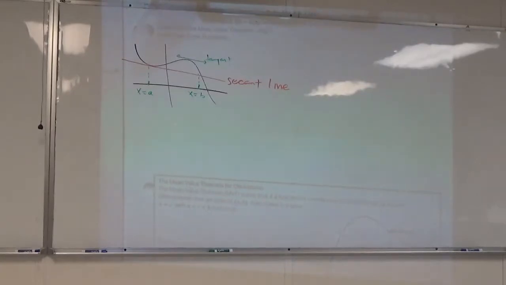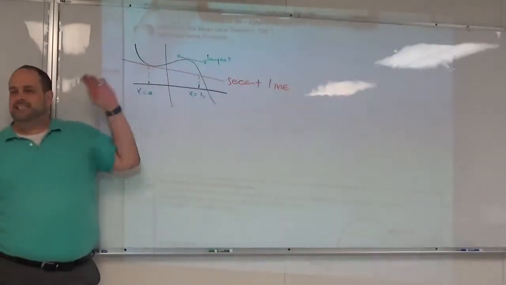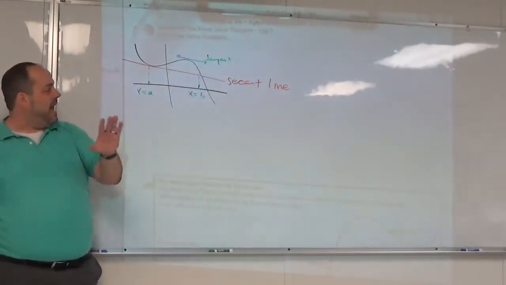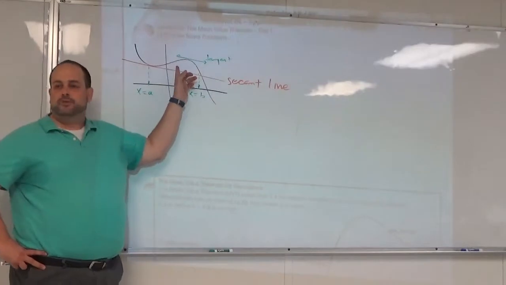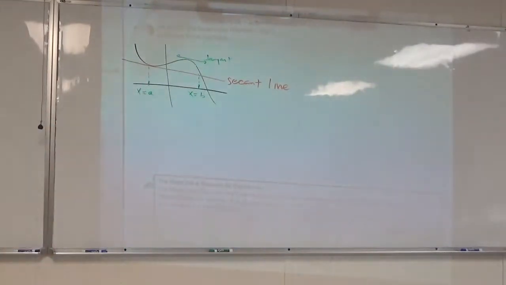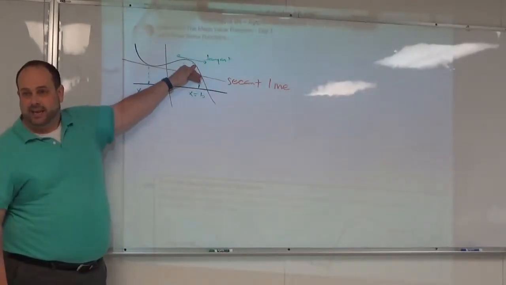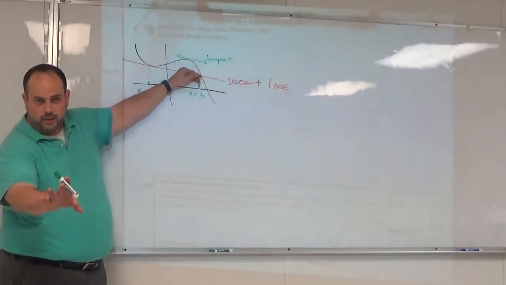Roberto seems to have a place. Eric has a place. Naum has a place. Okay. Just about every single graph that is out there, just about every single function that was drawn, every interval that was selected, just about everybody found a place where the tangent line is parallel to the secant line. Are we okay? Okay.